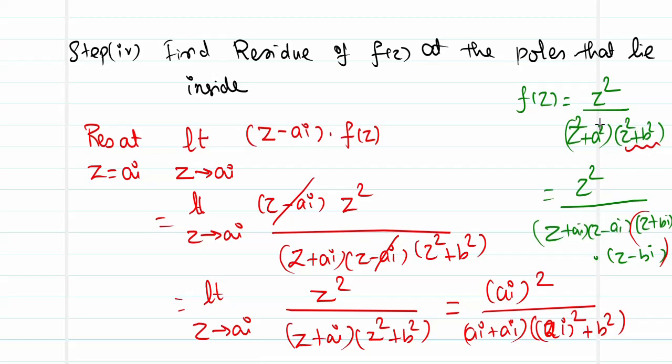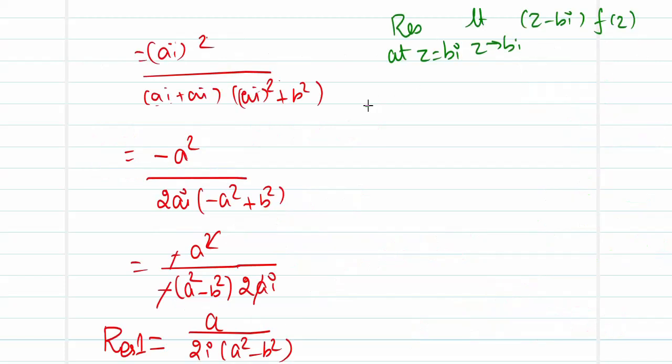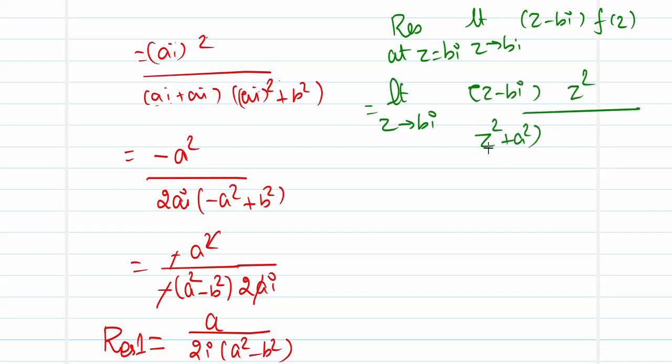But now since we are replacing for b, let me keep z square plus a square as such and replace my b square alone in product of its poles. So this becomes limit z tending to bi, (z minus bi), z square divided by (z square plus a square)(z plus bi)(z minus bi).